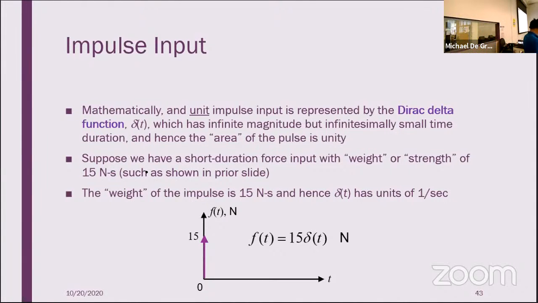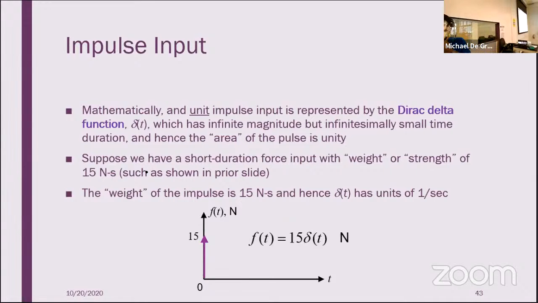Now this is a dirty trick, because it's telling you that infinity divided by infinity is 1. Which, not really. But what it's saying is that we're considering this unit impulse to have strength of 1, but it's so large and it happens over such a small amount of time that it balances itself.